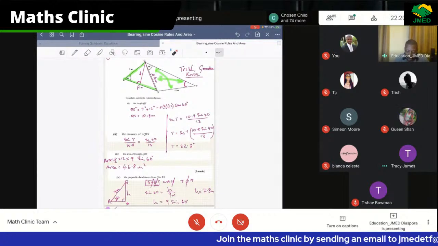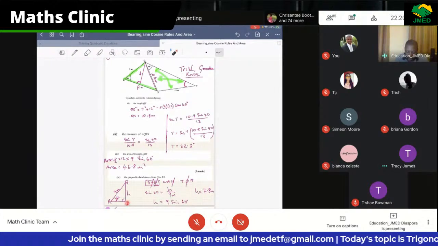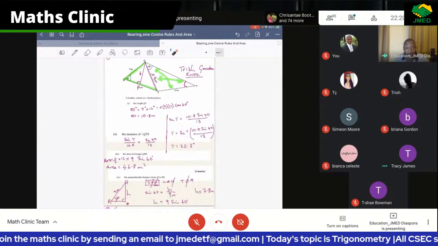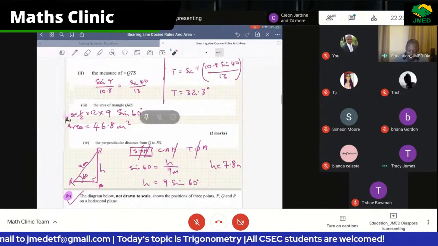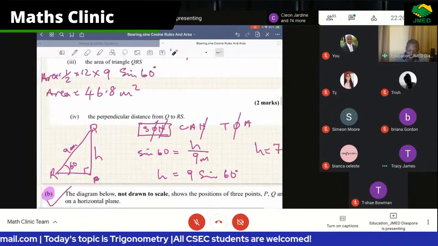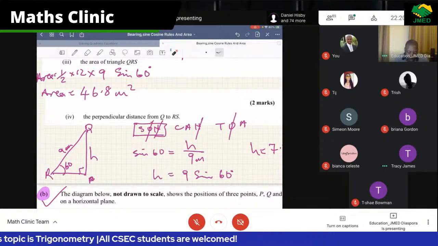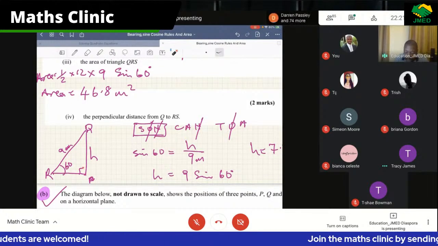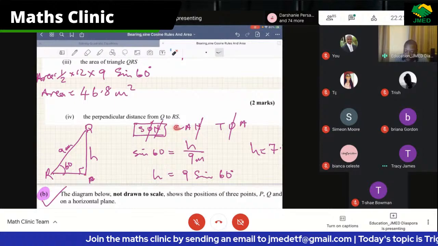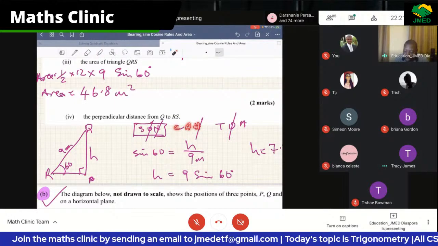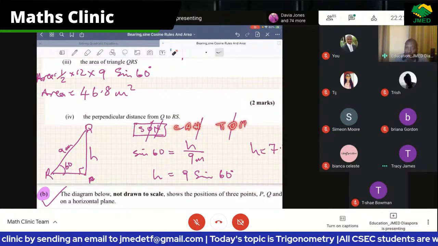We want to find the length QF, which is the perpendicular height. So we examined our triangle and realized it's a right angle triangle. So we write our ratios out. Sine is opposite over hypotenuse, cos is adjacent over hypotenuse, and tangent is opposite over adjacent.